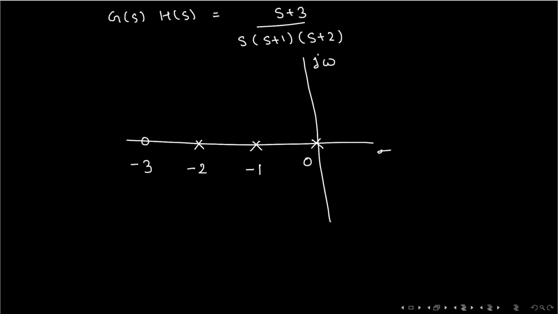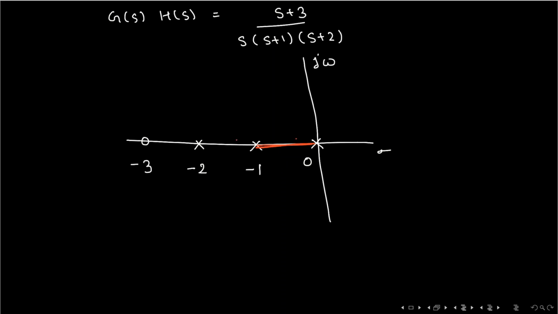Now we will use the property of root locus to find on which section the root locus lies. On a given section of the real axis, root loci are found in the section only if the total number of poles or zeros of G(s)H(s) to the right of the section is odd. So let us consider this point. We have one pole on the right side of it, which is an odd number, so we will have a root locus here.